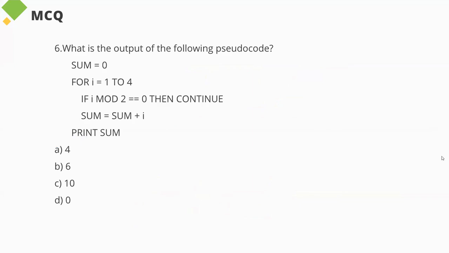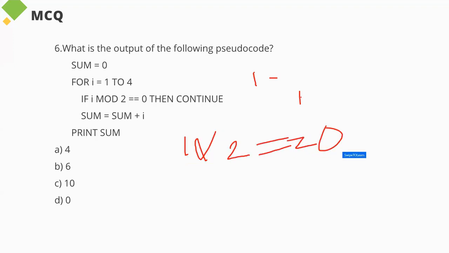So sum equals 0, and for I equals 1 to 4, if I mod 2 equals 0, then continue, sum equals sum plus I. Okay, I is 1. If I mod 2, 1 mod 2 equals 0, it's false. So sum becomes 1, because 0 plus 1 is 1.